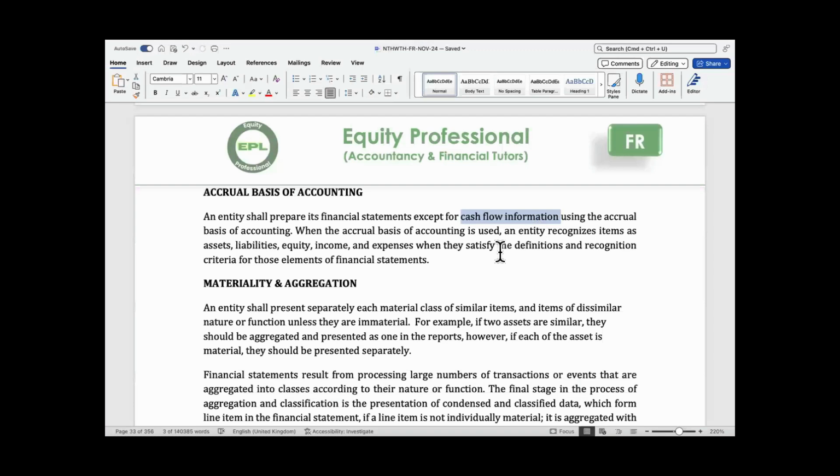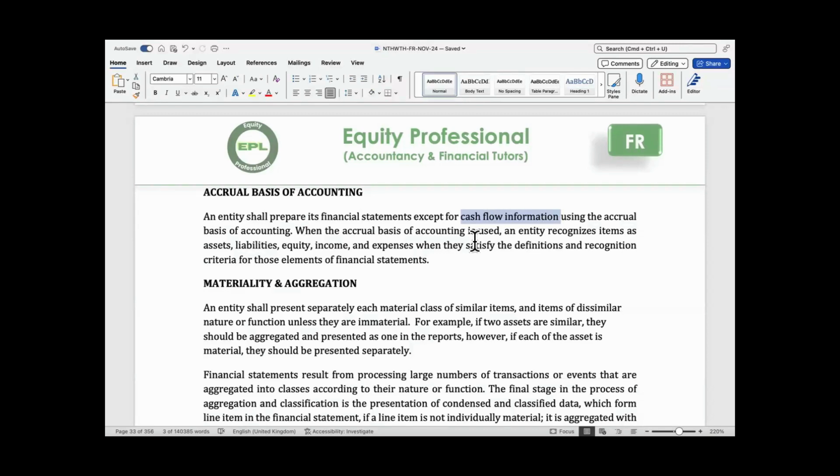And you are using accrual basis when you recognize your assets, liabilities, equity, income, and expenses when they meet the definition and recognition criteria for those elements. I hope you remember the definition of each of these elements and their recognition criteria. You see, following that definition and recognition criteria is accrual basis.